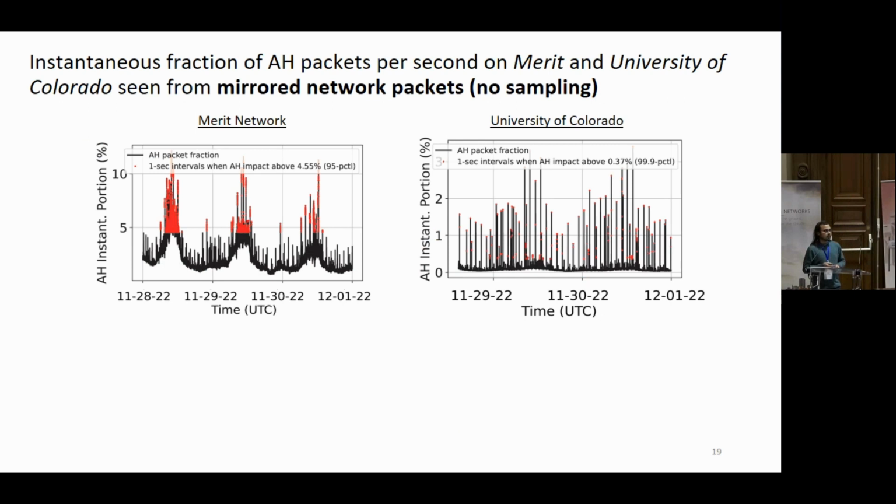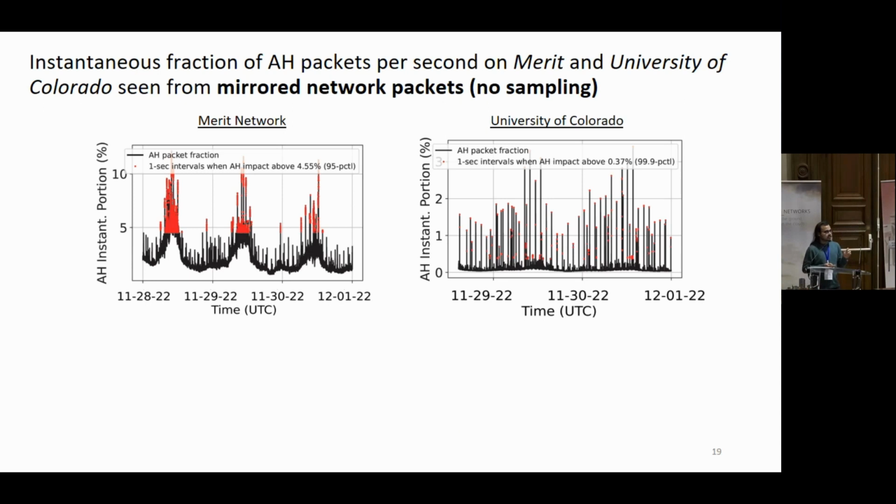Finally, we wanted to check the instantaneous fraction of aggressive hitter packets per second on both Merit Network and University of Colorado, as seen from the Merit Network packets, that is without any sampling. The left figure represents the instantaneous fraction of aggressive hitter packets per second in Merit Network, and the right figure represents the same for University of Colorado.